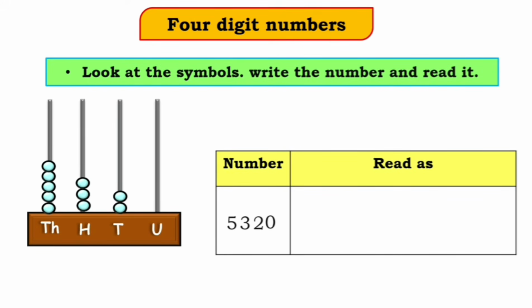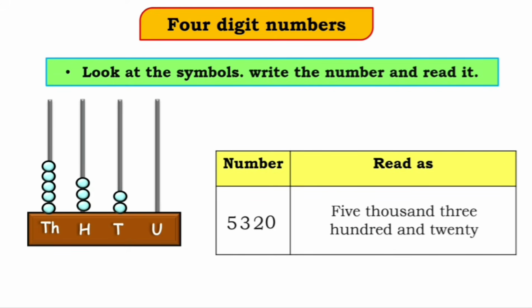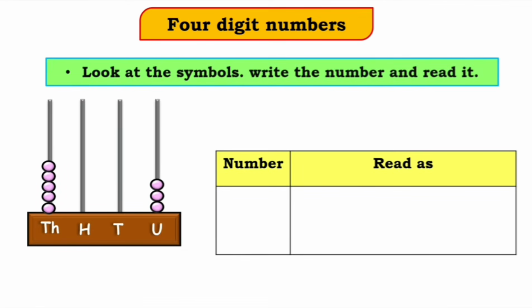So let's write 0 in units place. Hence this number is written as 5320. That is 5320.